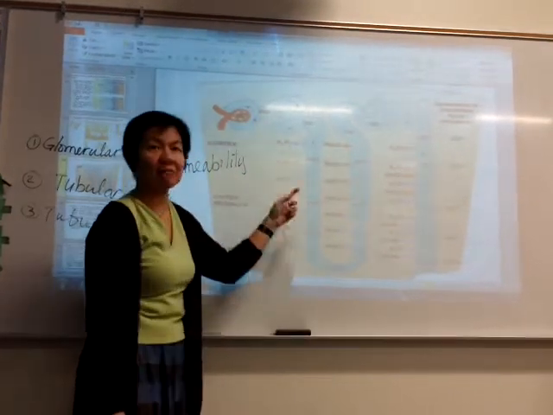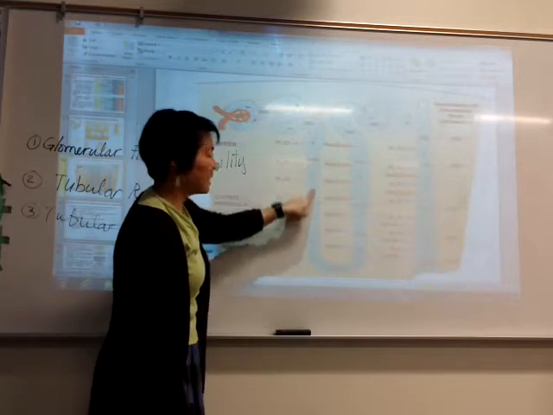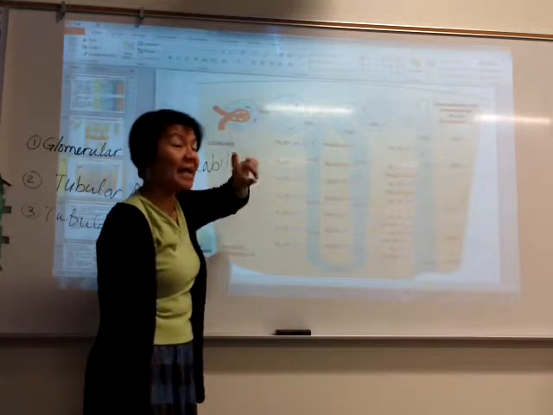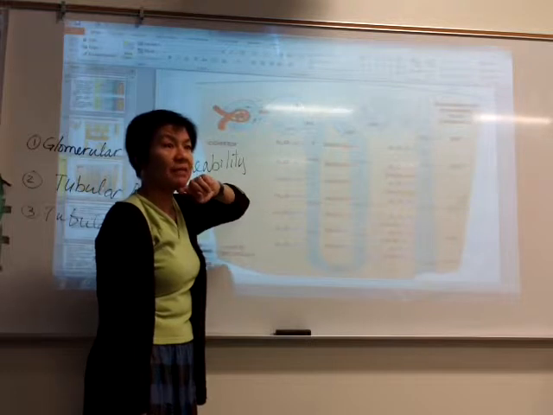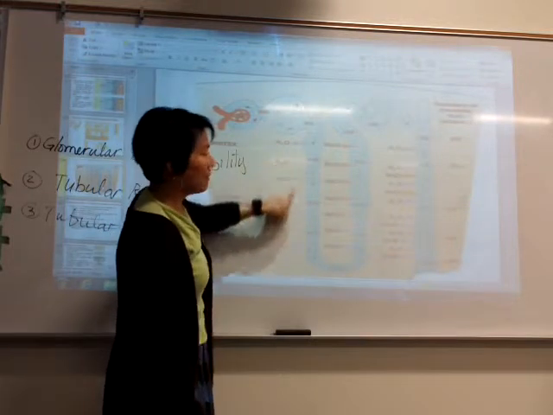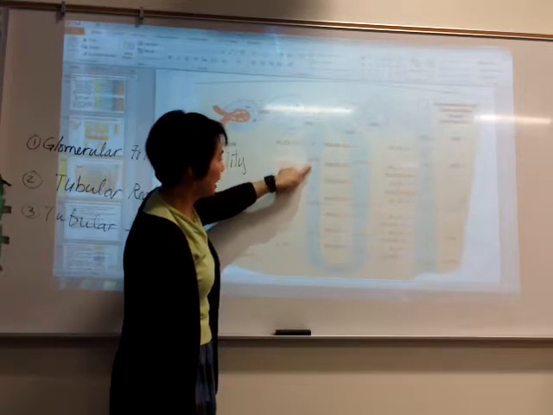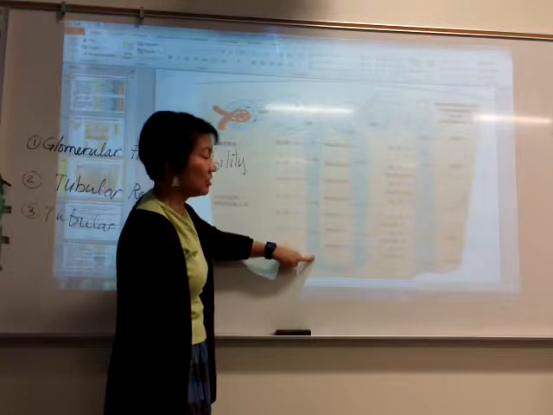They have different permeability characteristics. This part here, the descending limb, is permeable to water, but impermeable to salt. So can you predict what's going on? If this is permeable to water, but impermeable to salt, that means as they go down here, this becomes salty, very salty.